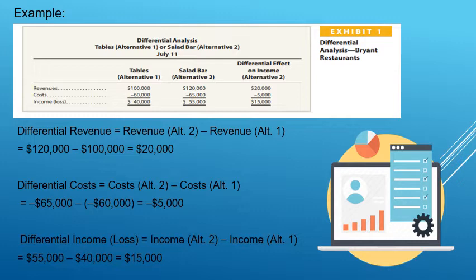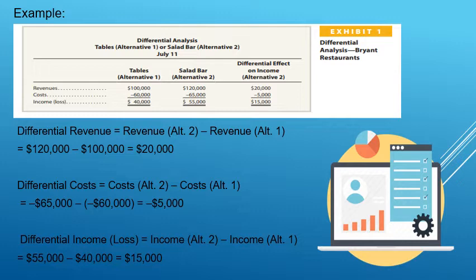The differential cost of a salad bar over tables is negative $5,000. Because the increased cost will decrease the income, it will be entered as a negative $5,000 in the differential effect on income column.